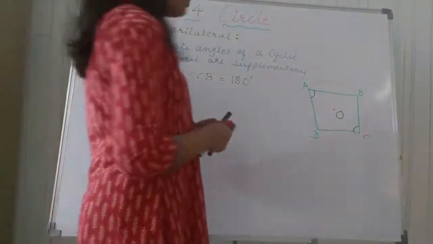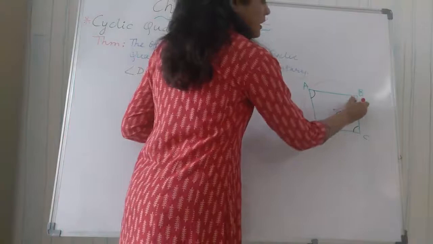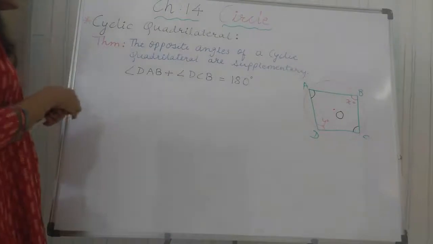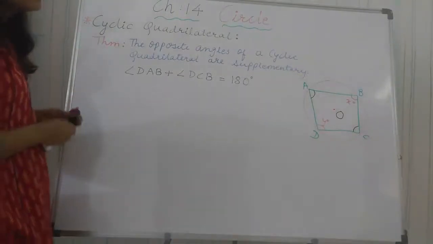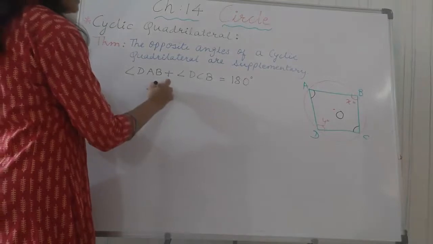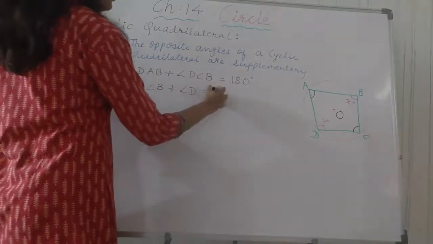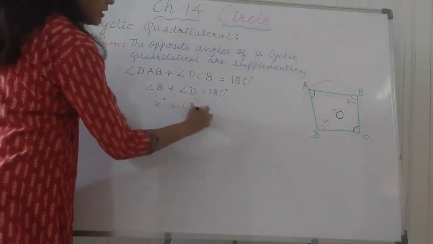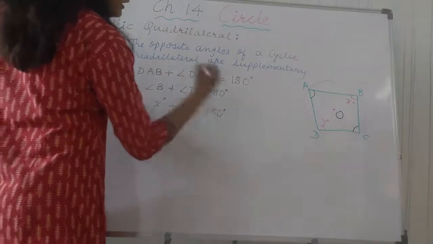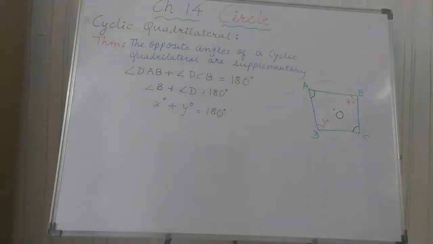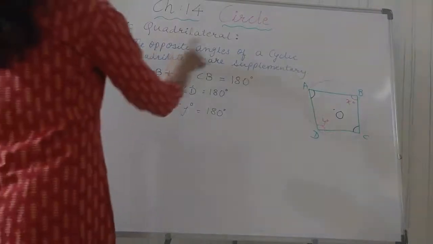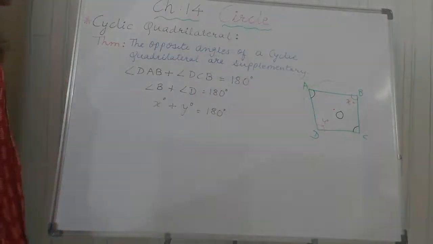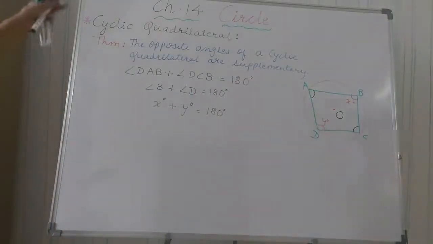Sometimes in the question they might give you x degree and y degree here as B and D. So we write that x degree, that is angle B plus angle D, is equal to 180 degrees, or we can write x degree plus y degree is equal to 180 degrees. So this is how we can understand this theorem, that the opposite angles of a cyclic quadrilateral are always supplementary. So this is one theorem we have studied about the cyclic quadrilateral.